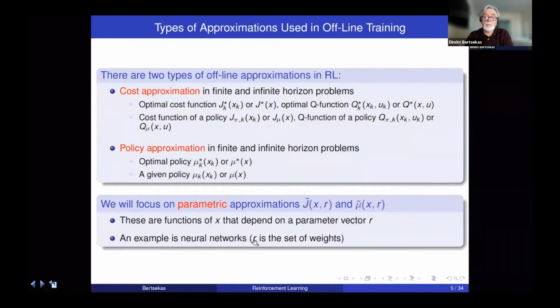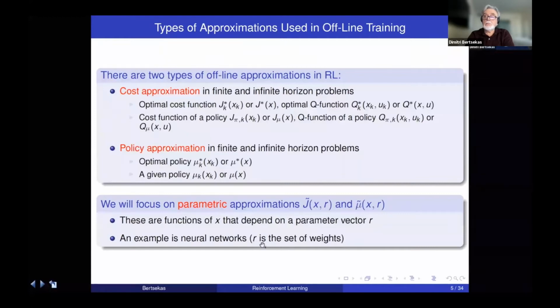In this case, R is the set of weights of the neural network. We're going to discuss neural networks and weights shortly, but basically this R is a big vector that involves various parameters of the neural network that encode the various layers of the network.